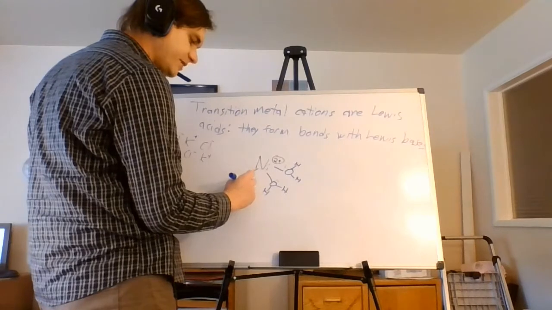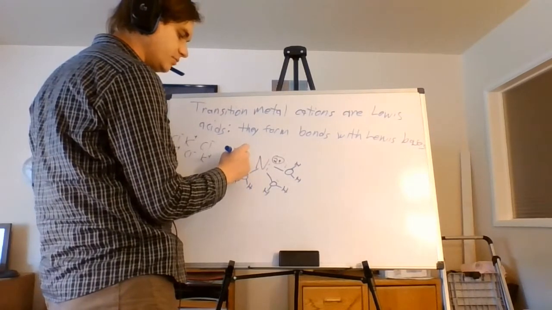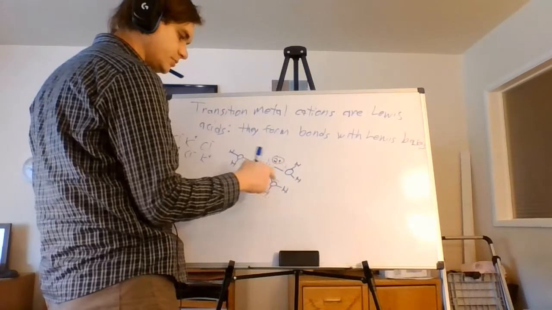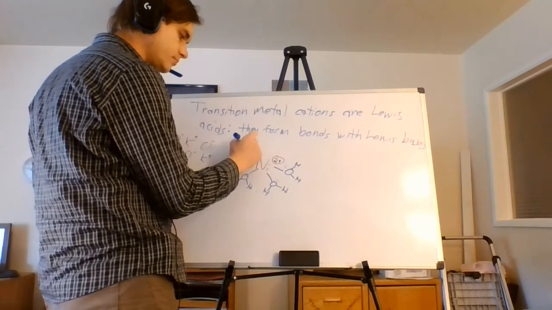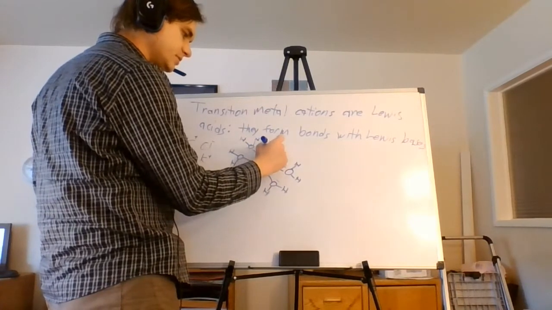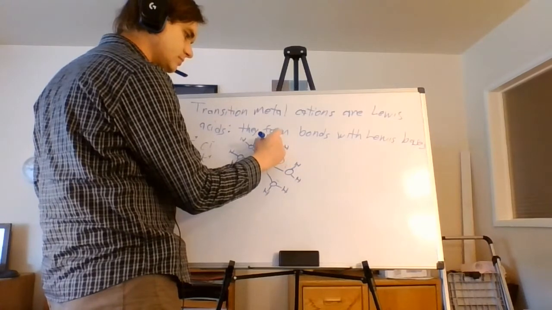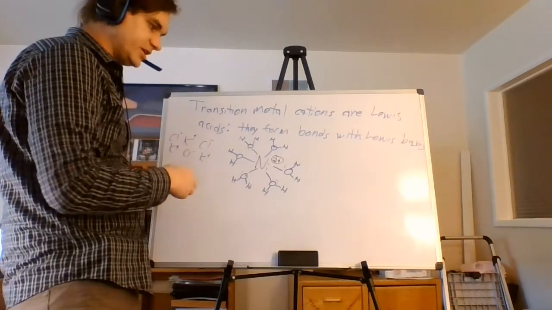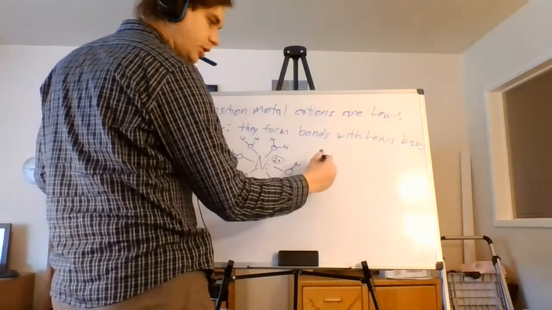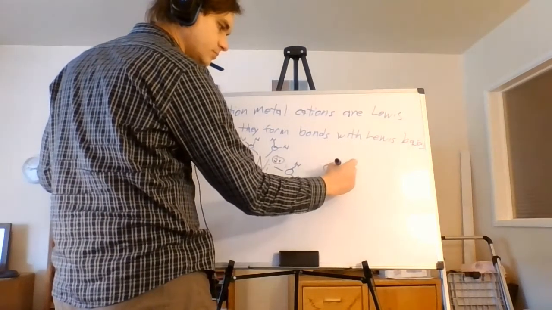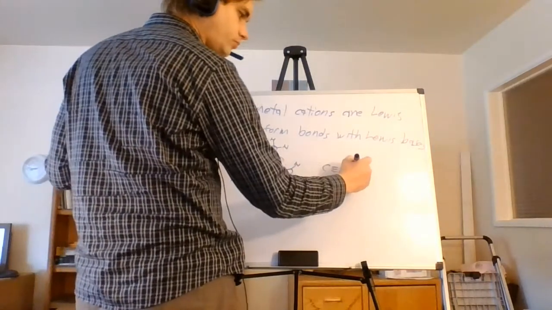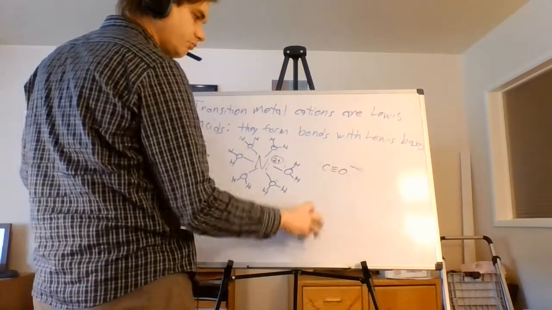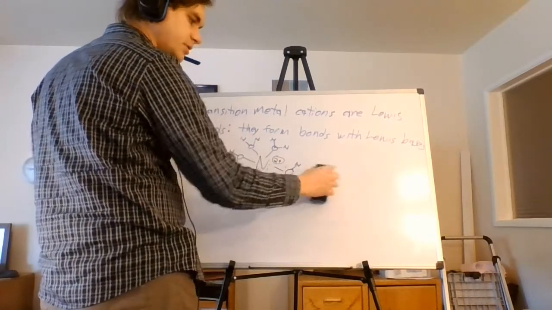In fact, they're weak enough that if you happen to have another molecule around that can form a stronger bond, let's say, for example, you have carbon monoxide, the carbon monoxide can just replace one of these water molecules at room temperature.